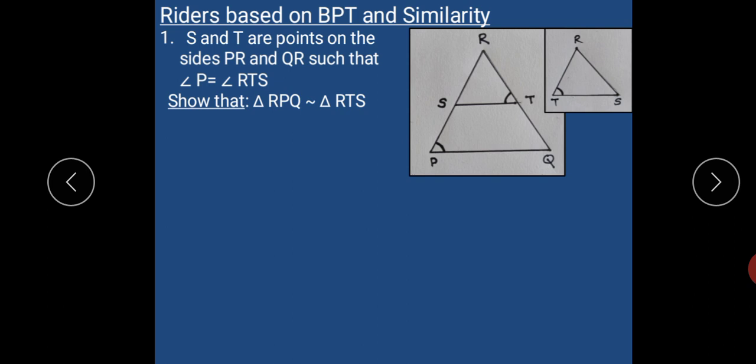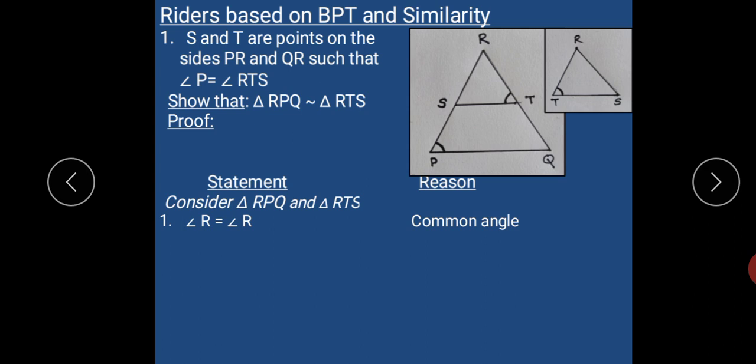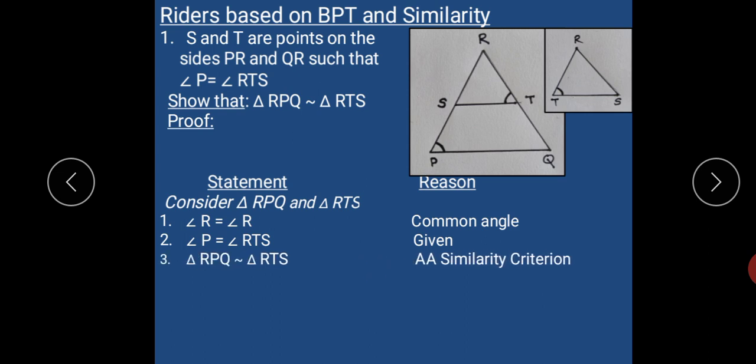This is a rider based on a common angle, angle R is equal to angle R. There is a common angle, and the second is given. So just by the AA similarity criterion, we can prove the two triangles are similar. This year, even for this type of rider, there is a scope. This can be asked for 2 marks, or this can be a rider for level 2 mathematics.